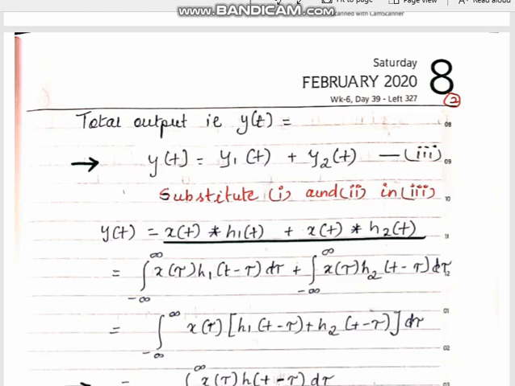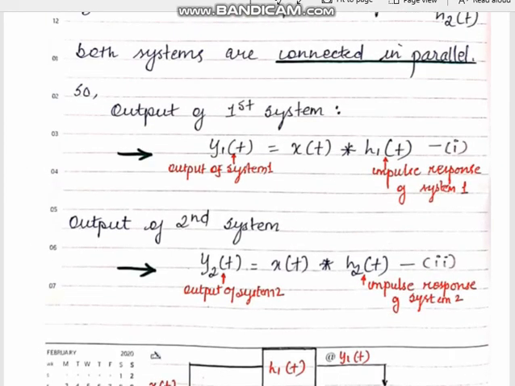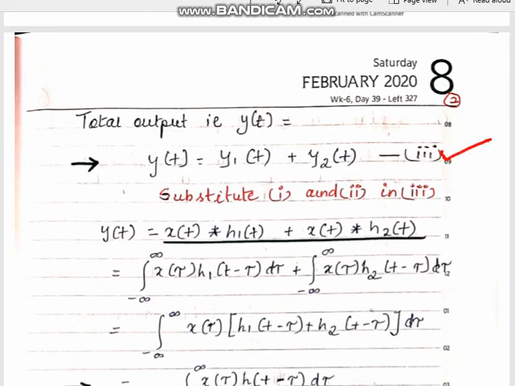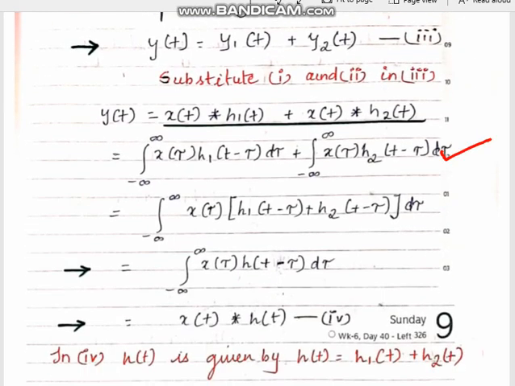You already know how to represent y1 of t and y2 of t in terms of convolution, from equation number 1 and equation number 2. Now substitute the values of equation 1 and equation 2 in equation 3. After you substitute, you will get this equation: y of t equals x of t convolved with h1 of t plus x of t convolved with h2 of t. This is nothing but y1 of t and this is nothing but y2 of t.